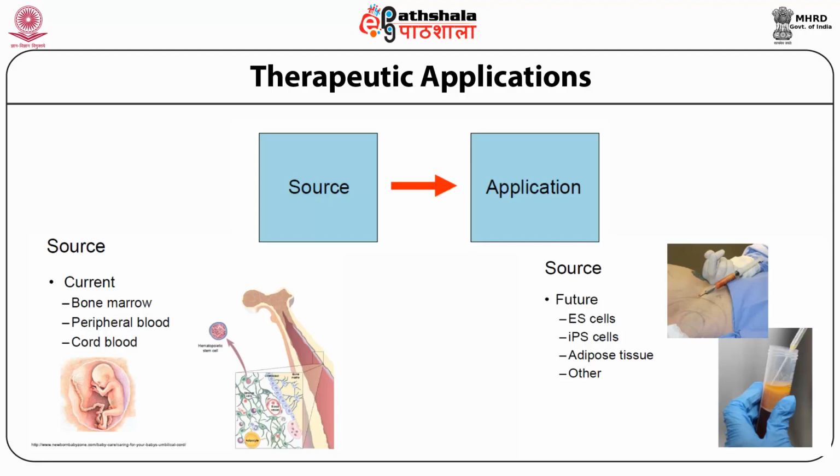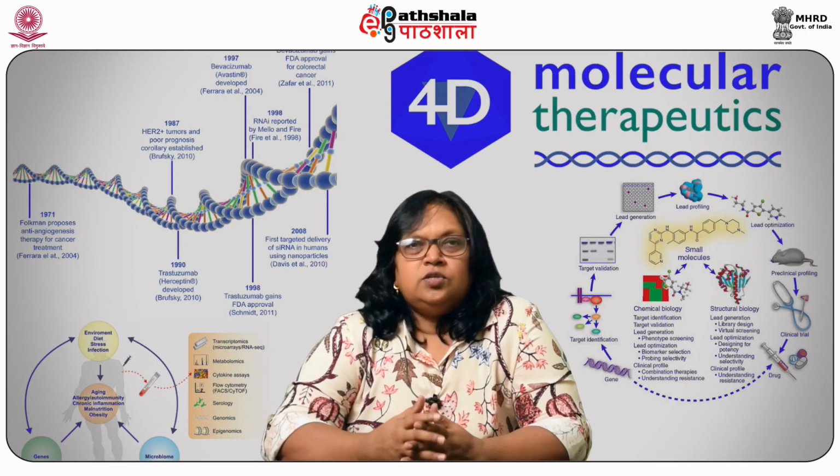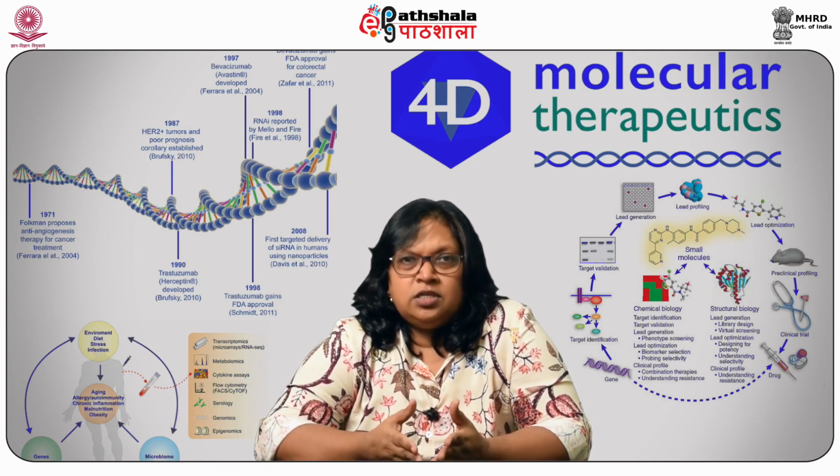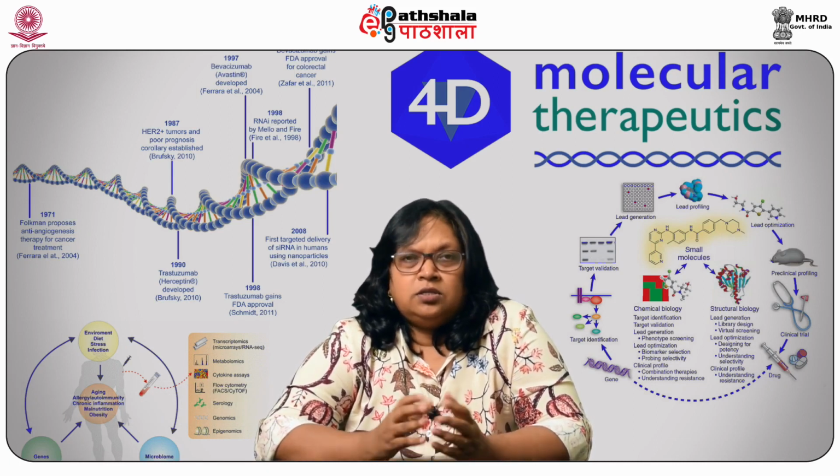These could be ESCs, these could be iPSCs, there could be adipose tissue also from where these cells will be isolated. And there may be some other future sources also from where these stem cells will be isolated in future.